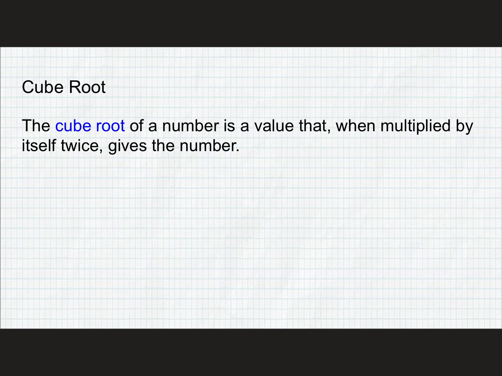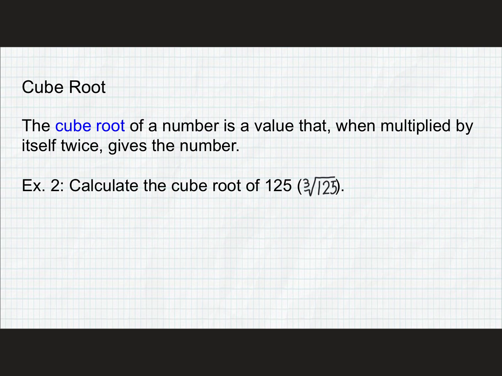In another video, we defined what a square root was. So now we're going to define a cube root. The cube root of a number is a value that, when multiplied by itself twice, gives the number. Let's go ahead and try an example. Calculate the cube root of 125. It looks like this. It's basically a square root, but with a 3 over on the top.